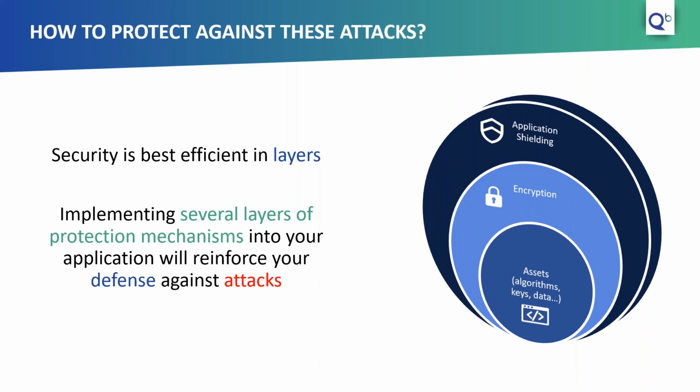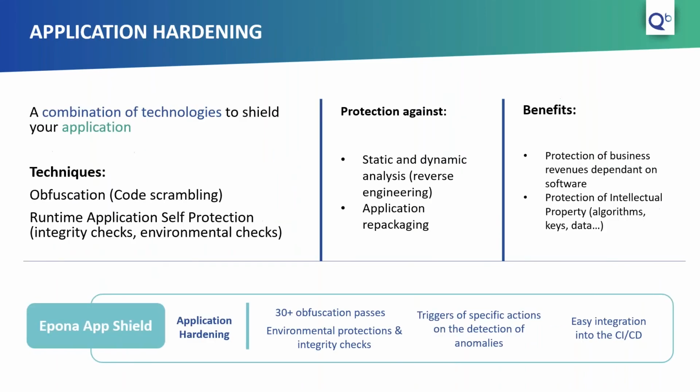You've seen before how the two other solutions work. Now let's see how EPona, Quarkslab's solution, can help you address some of your security issues. At Quarkslab, we developed EPona with the mindset of a reverse engineer.